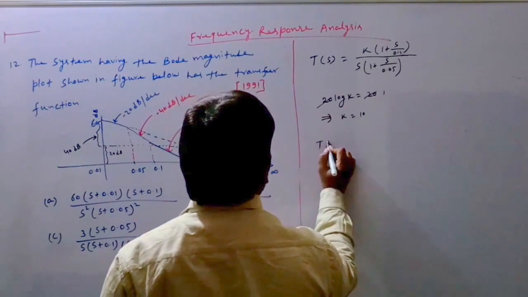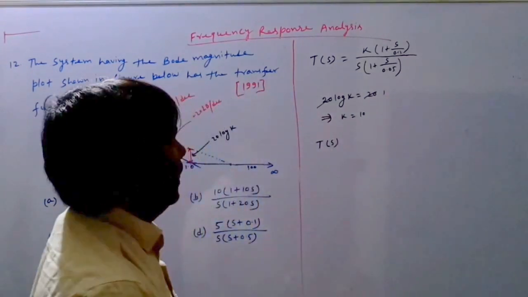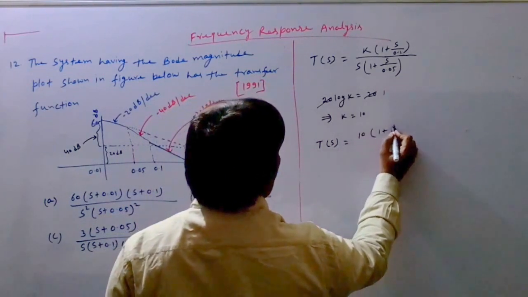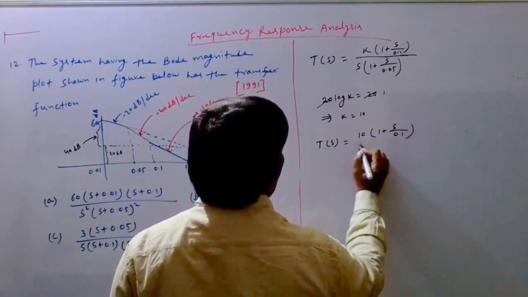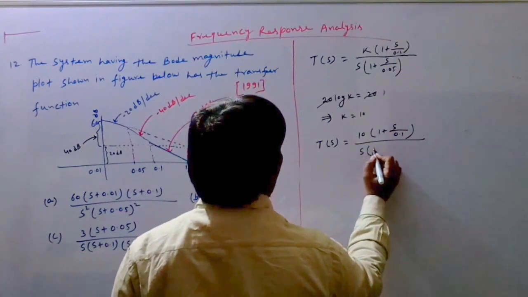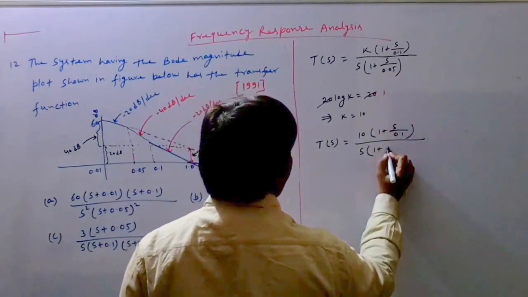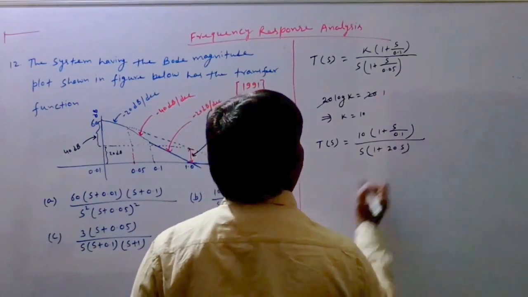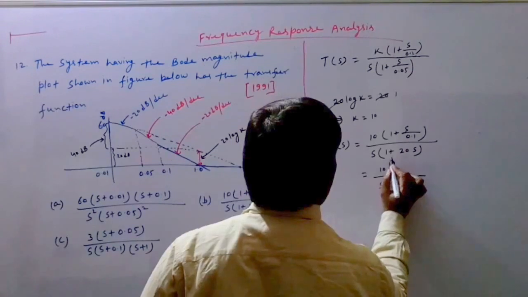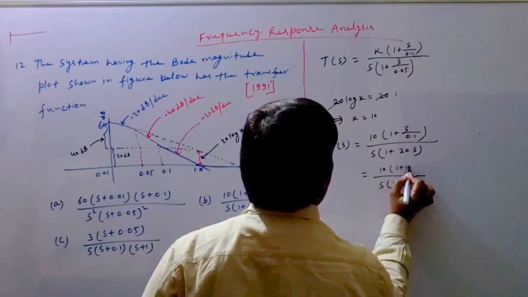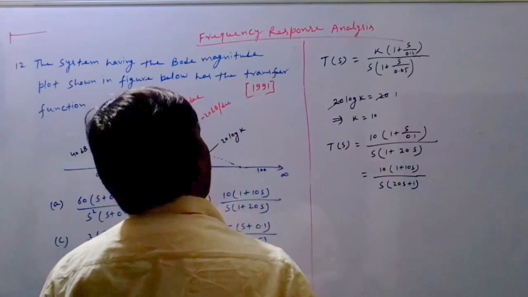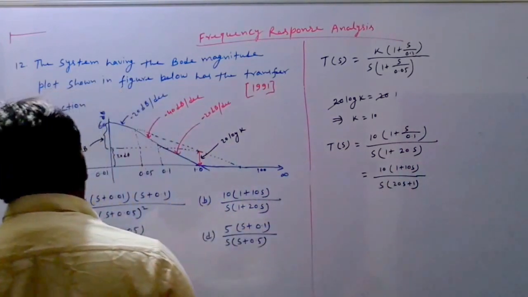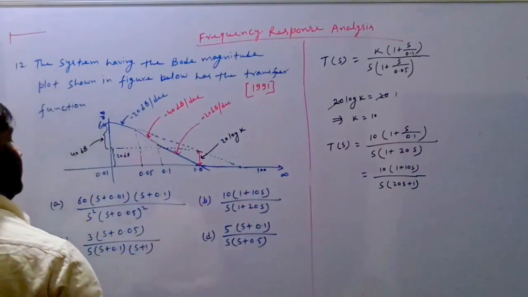Now the transfer function T(s) we can write as equal to 10 multiplied by (1 plus s by 0.1) divided by s into (1 plus 20s). This should be 1 plus 10s. Okay. So 10 multiplied by (1 plus 10s) divided by s into (20s plus 1). So option number B is correct one.